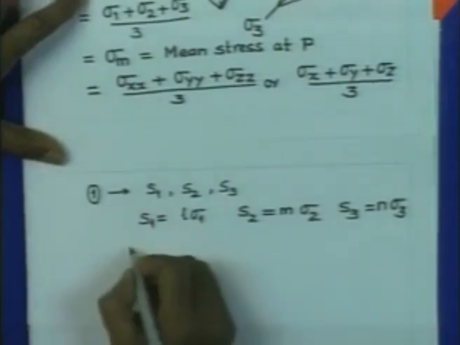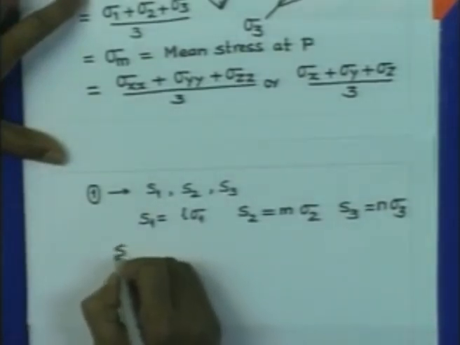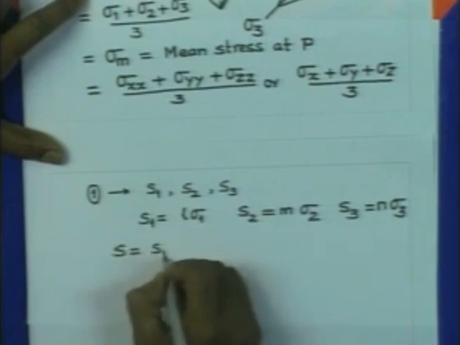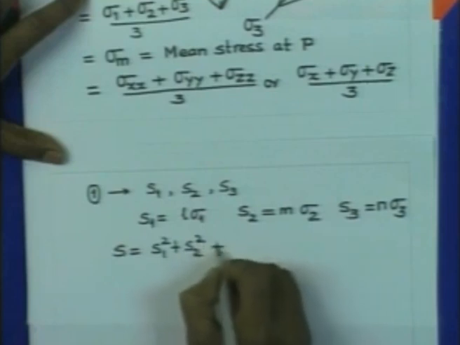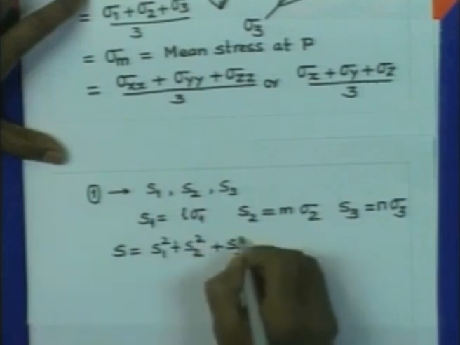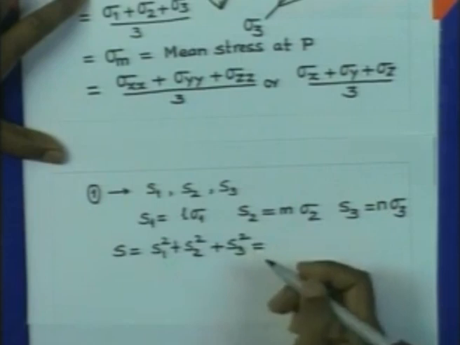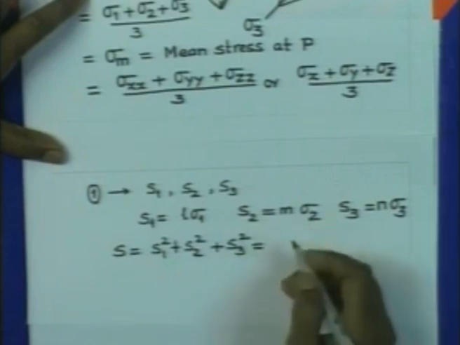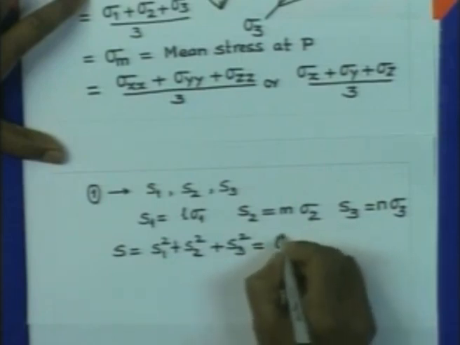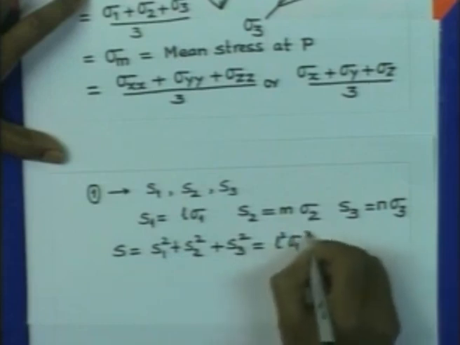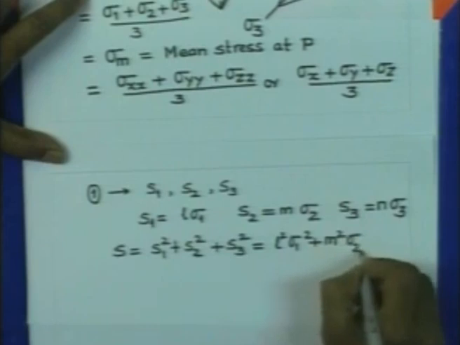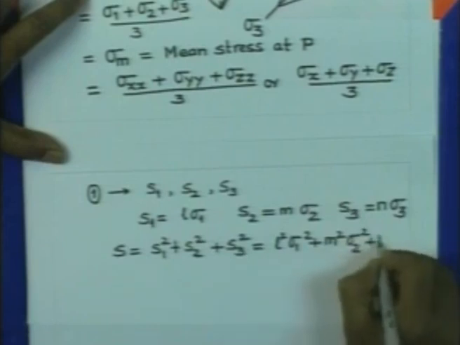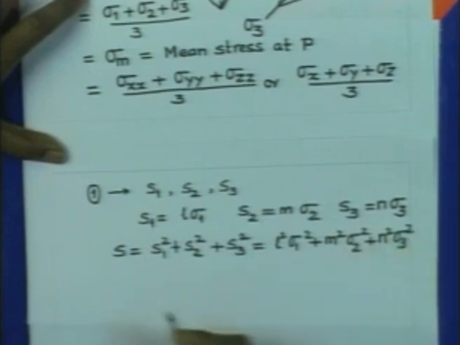The resultant traction S square is equal to S1 square plus S2 square plus S3 square, and this is equal to nothing but l square sigma 1 square plus m square sigma 2 square plus n square sigma 3 square.